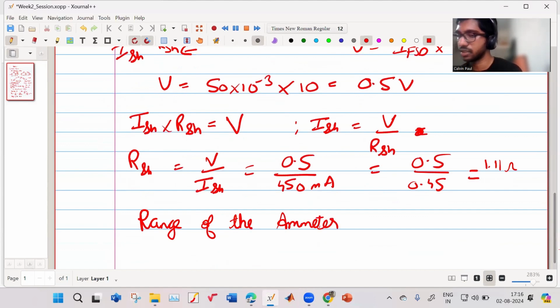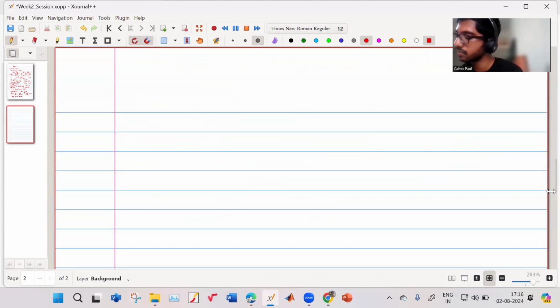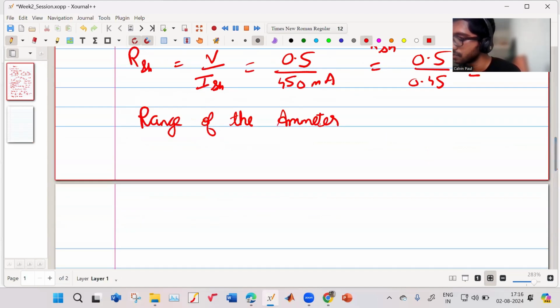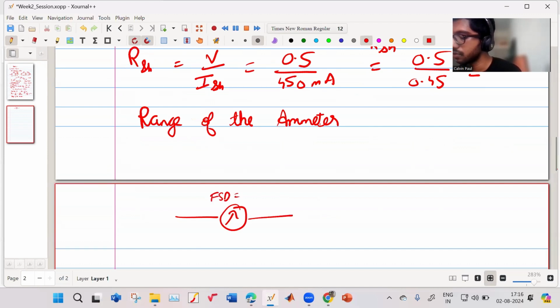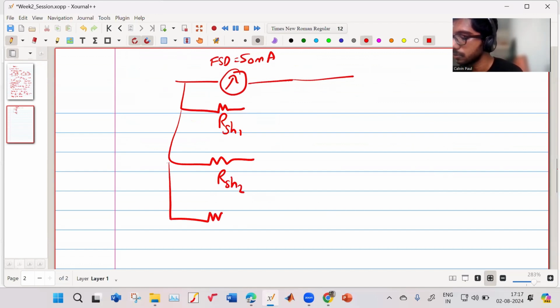If we want to have further ranges, we would have this ammeter with full scale deflection of 50 milliampere, then we'll have R shunt 1, R shunt 2, R shunt 3, etc.